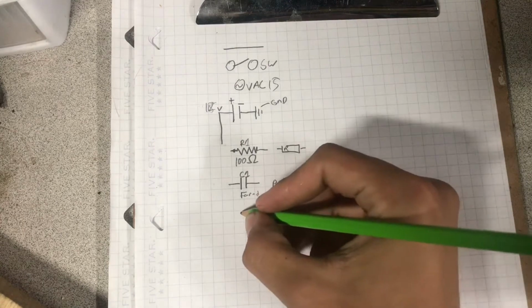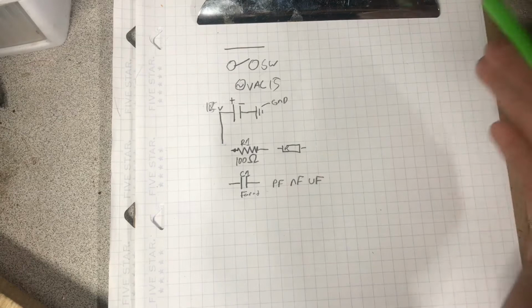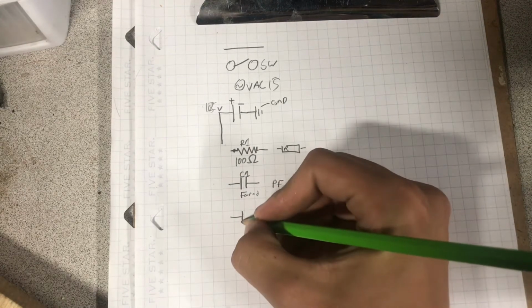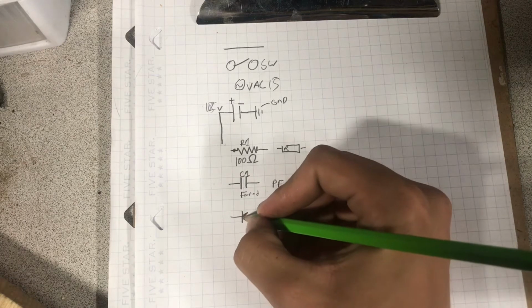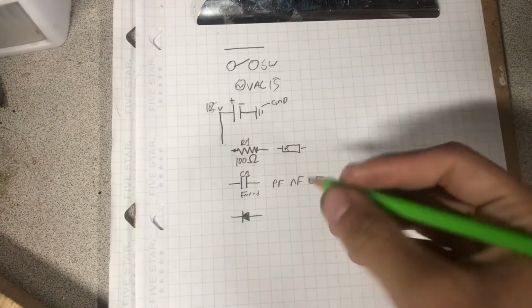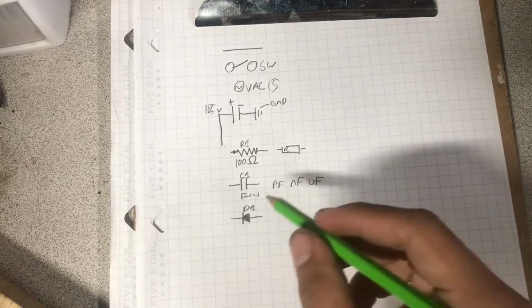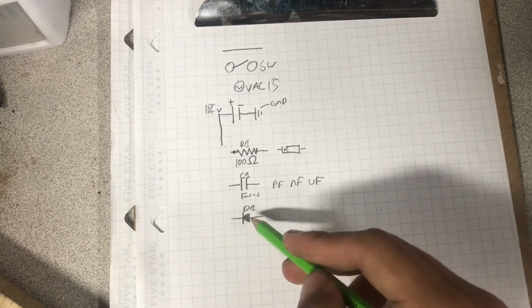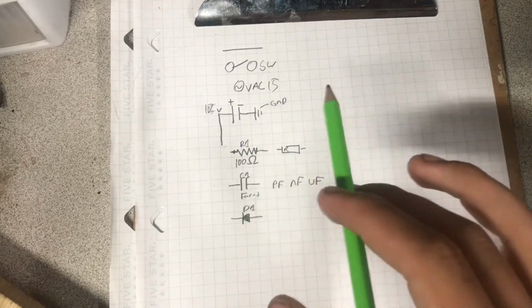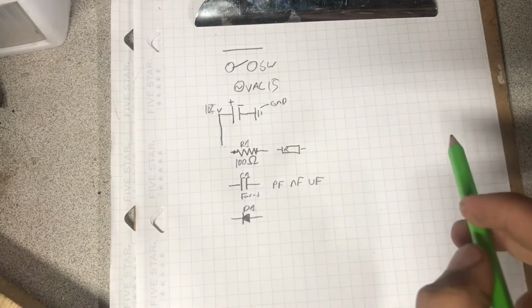Then the diode, and with LED, most people don't realize this stands for light emitting diode. A diode on a schematic looks like this, and it's represented by a D. The arrow is pointing which way the diode is supposed to be going. Diodes are a one-way check valve, meaning that electricity can flow one way, but it can't flow back in the other direction.